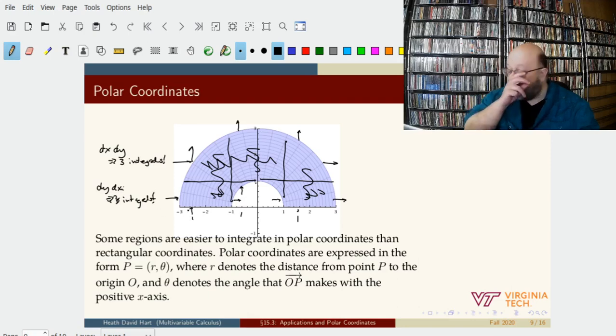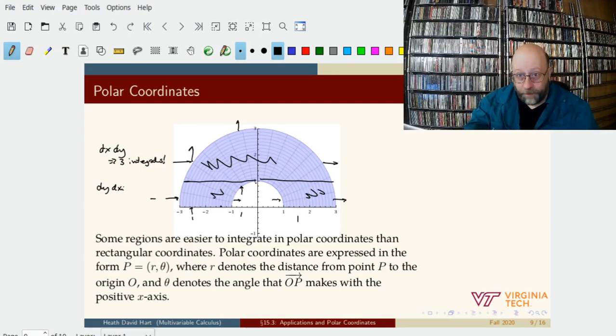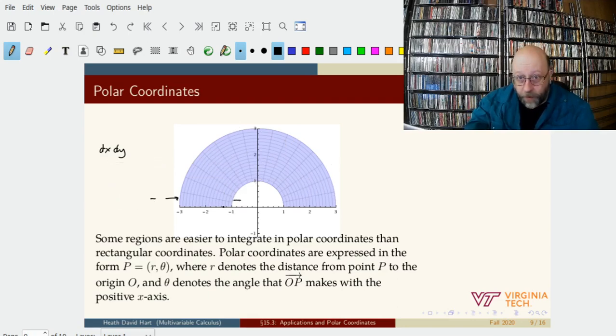So what a mess that's going to be, to have to do this using 3 different integrals. But if we did this in polar coordinates, my angles go from 0 over to pi.